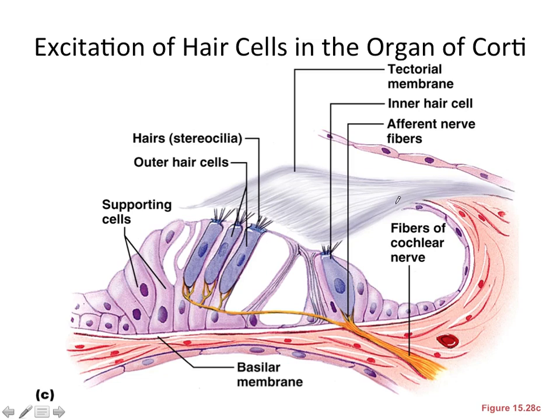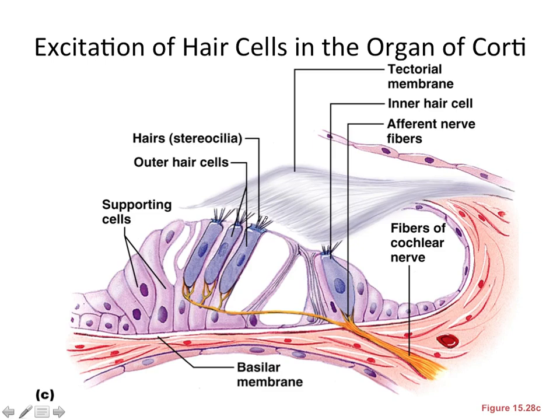If the mechanical vibration travels to this region through the endolymph, it will first cause the tectorial membrane to vibrate, and this membrane will vibrate the hair.